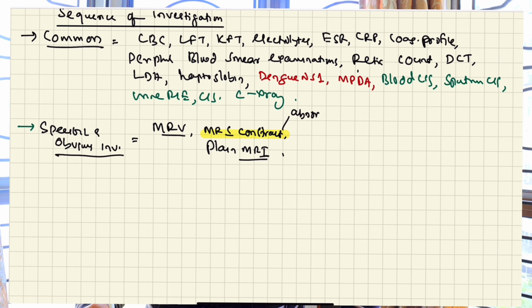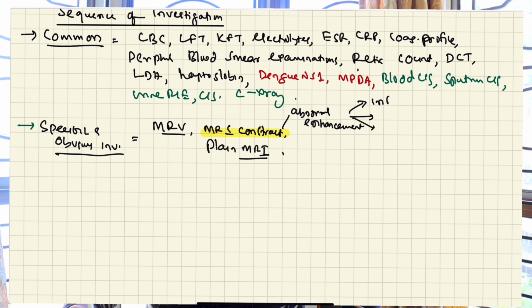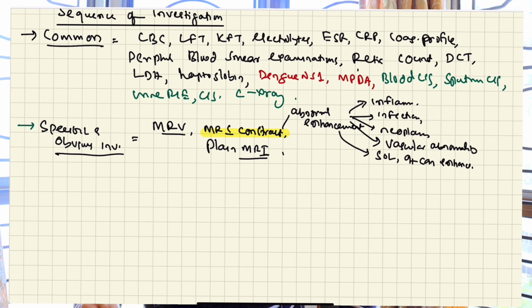Abnormal enhancement, which will be pretty useful for us to diagnose any inflammation, infection, neoplasm, and details of vascular abnormality, for example vasculitis, etc. Or if there is any space occupying lesion, it can enhance that. And also it will show us the integrity of the blood-brain barrier. That will also suggest all these things.